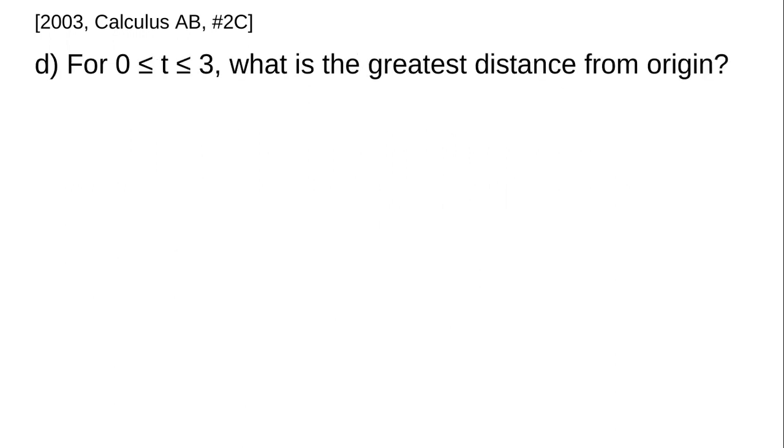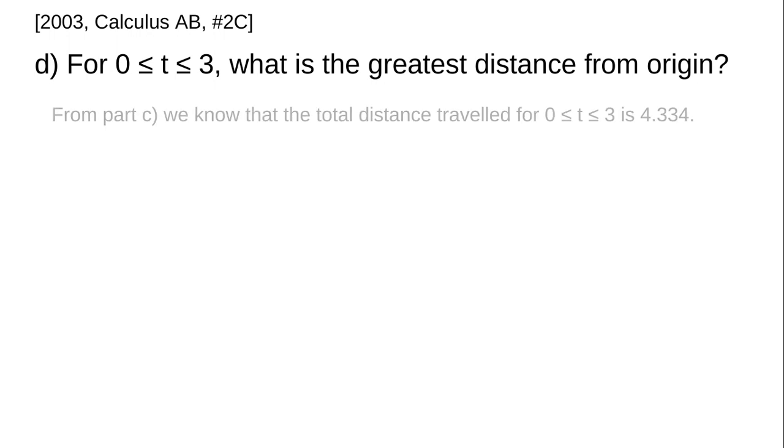In part D, we are asked what is the greatest distance the particle is from the origin on the interval from t equals 0 to t equals 3. From part C, we know that the total distance traveled from 0 to 3 is 4.334.